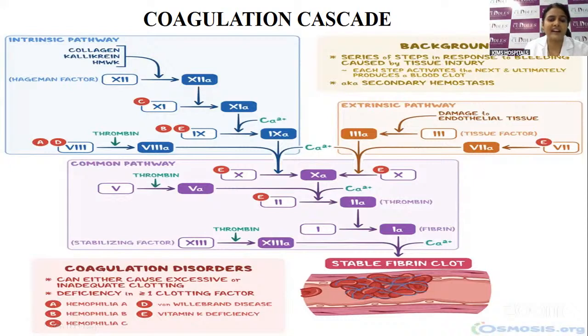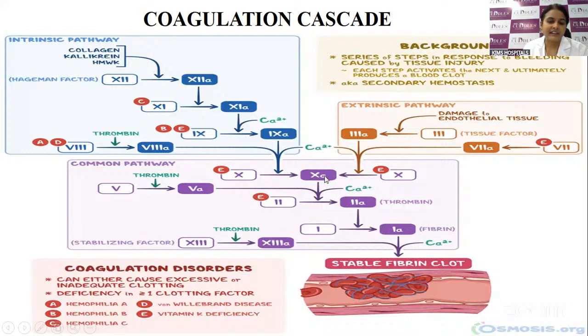This activated 12th factor further activates other factors like 9, 11, and 8. And finally, the activated 9th factor and the 8th factor, in combination with calcium, activate the 10th factor. Whereas the common pathway begins with the activation of the 10th factor by both the intrinsic and extrinsic pathways independently.